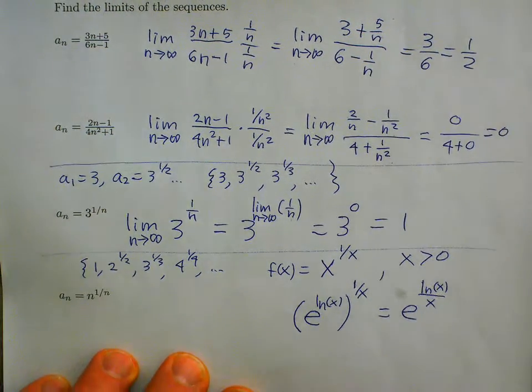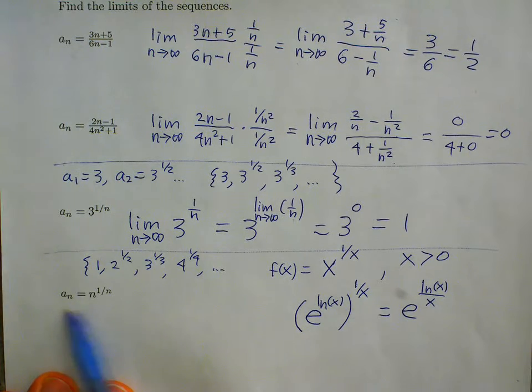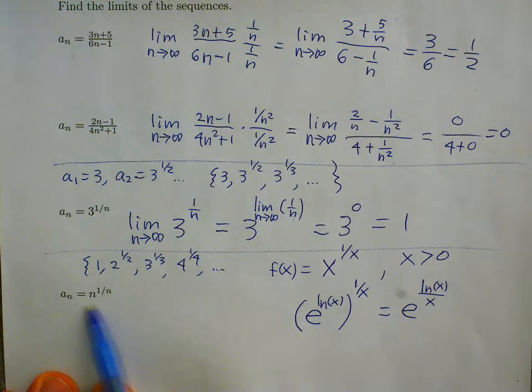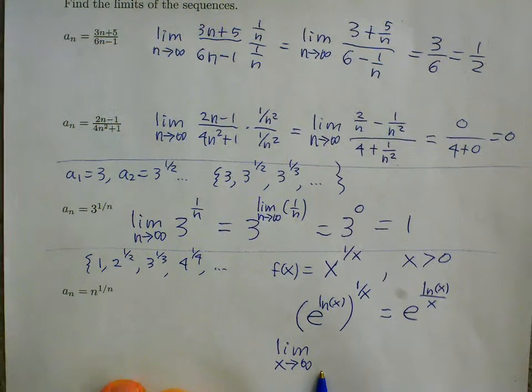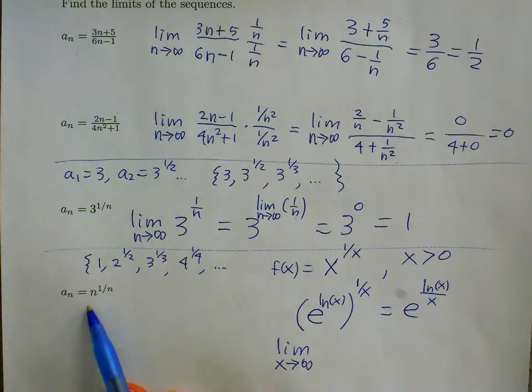Okay, so the related limit, we want to find the limit of this sequence where n is a positive integer. But the limit of this, as x approaches infinity, will be the same number as the limit of the sequence.